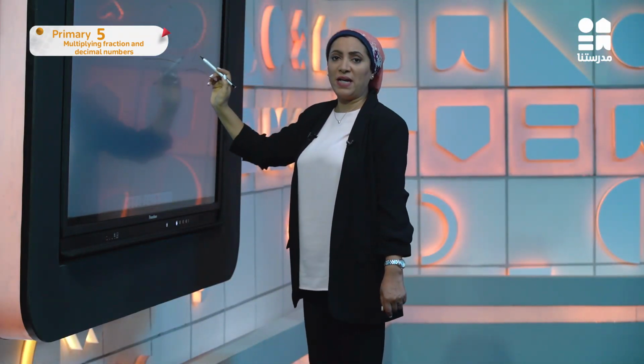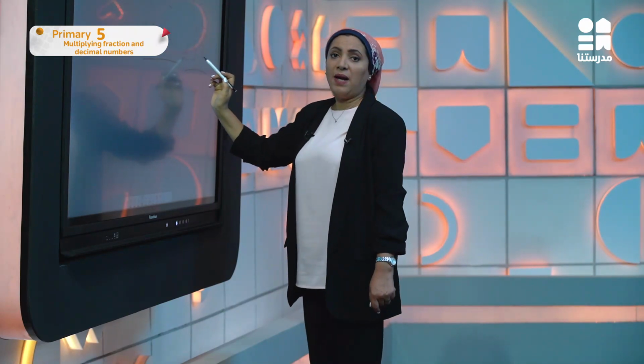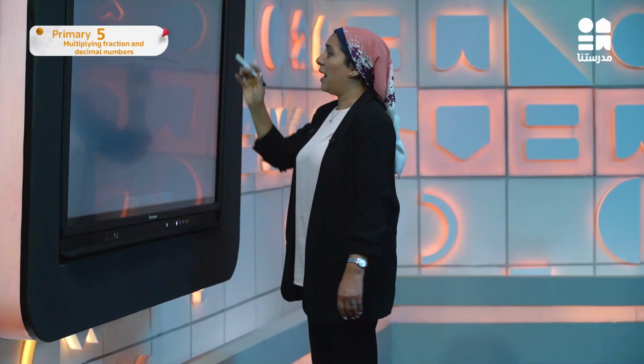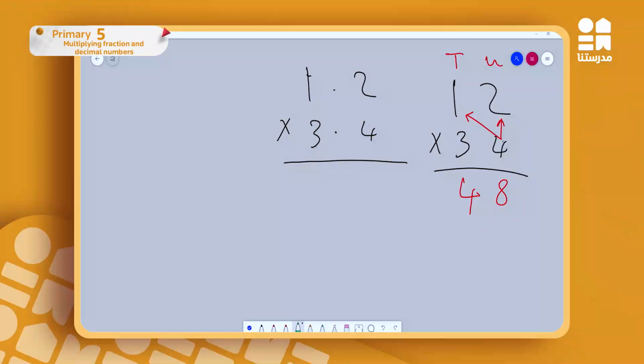Now I have to move to the other one, the 3. As I said before, the 3 here, it's not 3, it's 30. So to make it easy for myself to work on this number, I will take away the 0, I will write it here in the ones place as you see, and then I will take the 3 that comes in the 30 and I multiply it by the 2 digits that I have, starting with units.